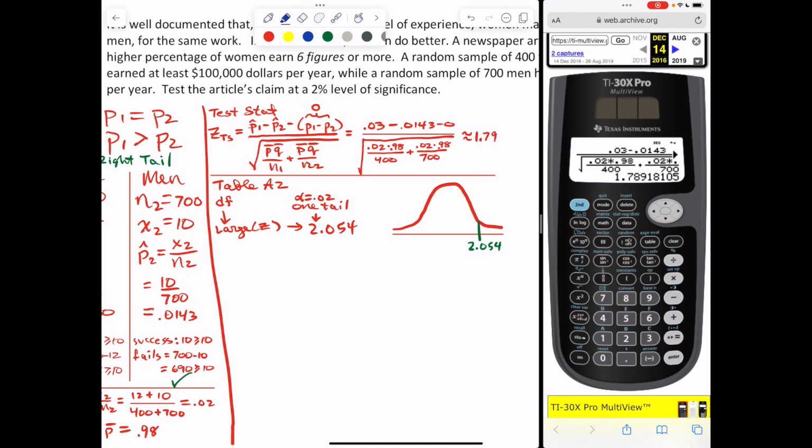Okay, the area of the tail is alpha, so 0.02. And then you might just note that the test statistic here, this 1.79, is not in the tail. It's a little short of that. So I'll go ahead and note that this is your test statistic.